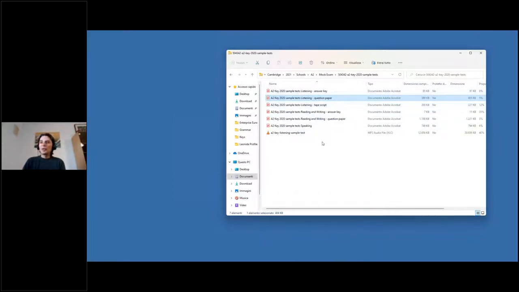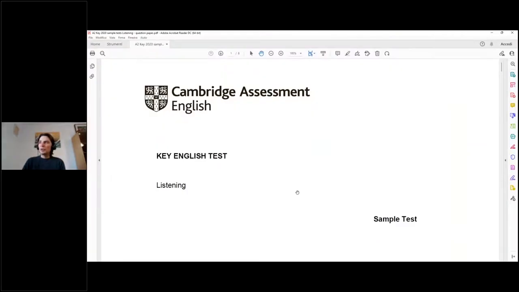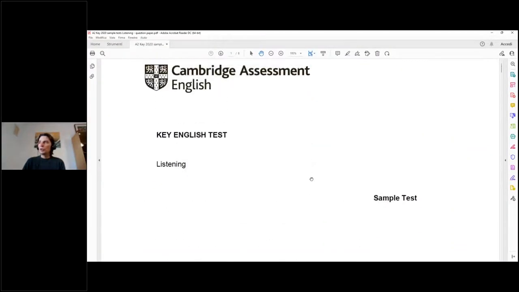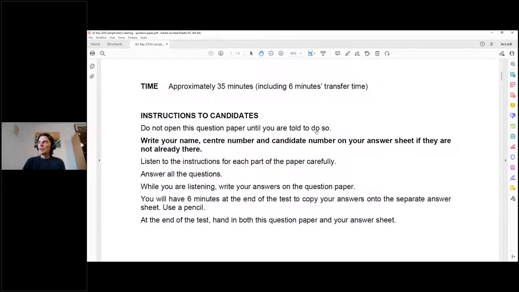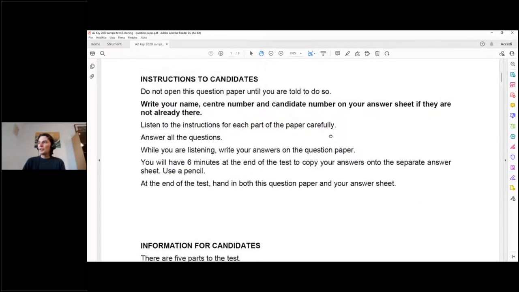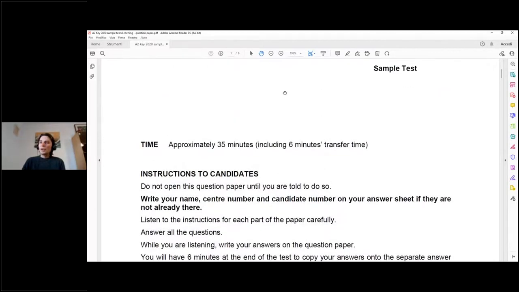Okay, so please download the mock exam folder, open the sample test listening question paper. Okay, make sure you have it on your computer, because you are going to need it in order to complete the exercise.